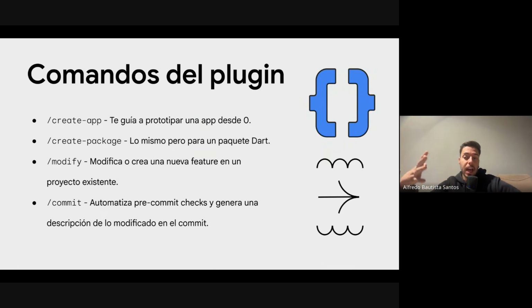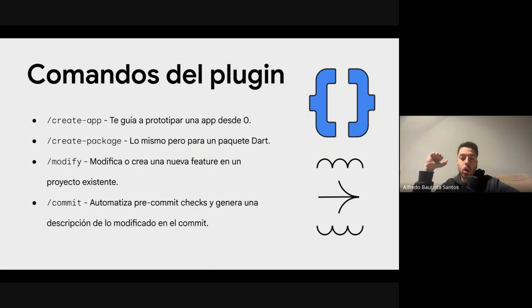But in my case, I already have the repository, I already have the Flutter app, but maybe I want to implement something new. So in this case, I usually use /modify, where the Gemini CLI is going to ask you for a new feature to implement or a new bug fix. The AI is going to guide you with some questions, to verify with you what your best approach is, and then it will generate some code thanks to the context that we give in this command.